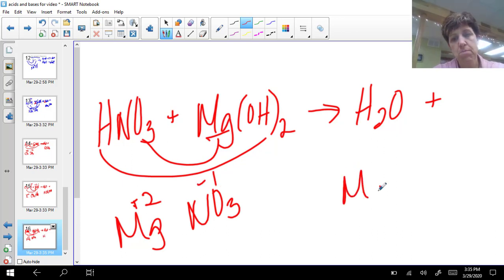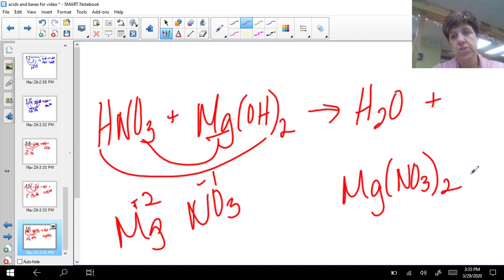So I would get Mg parentheses NO3, 2 of them. All right, so that's how you go through and you, oh, wait. 1, 2. I've got to balance this. 2 NO3s. So I'm going to need a 2 here. That gives me 4 H's, so I'm going to need 2 waters. Okay, always remember to go back and balance your reactions.